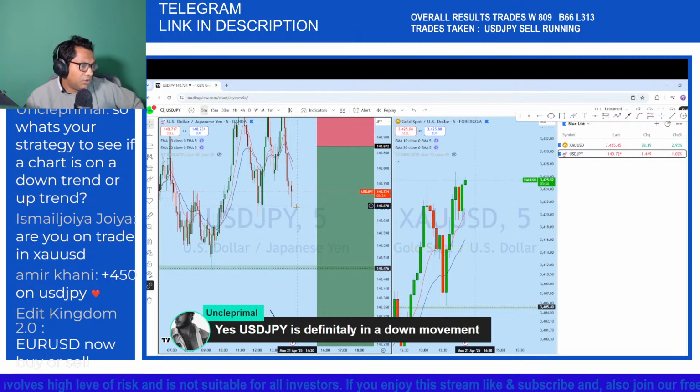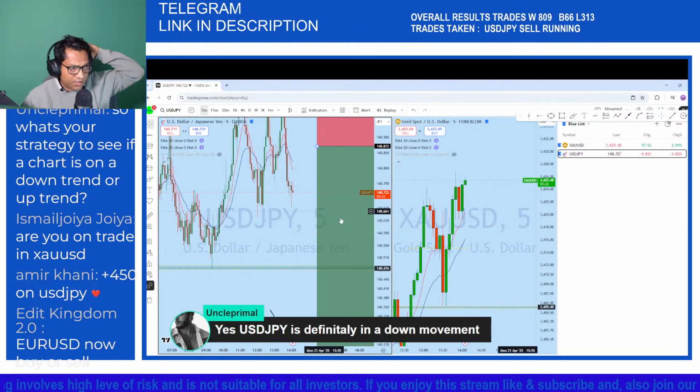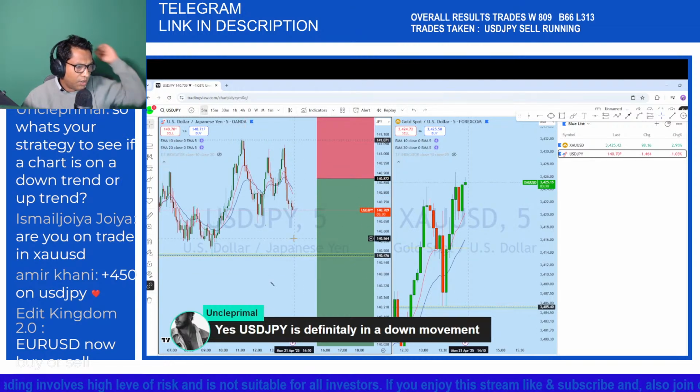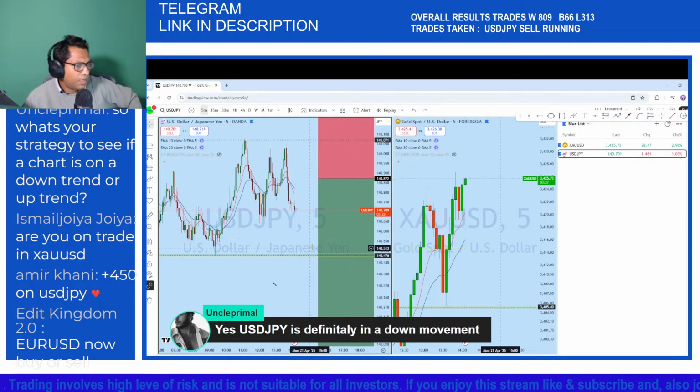So that's where you can see the price trying to come back down to the support level to create a new lower low.